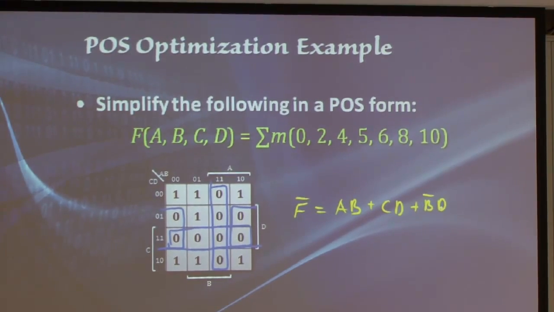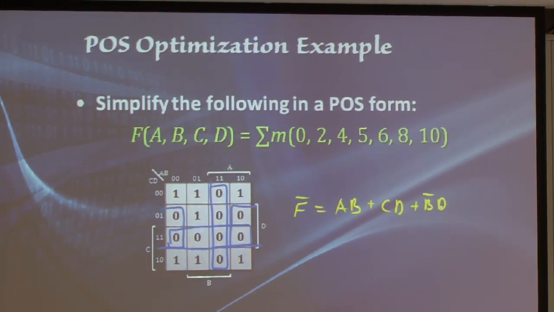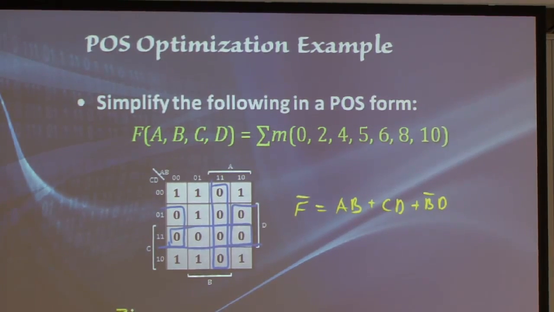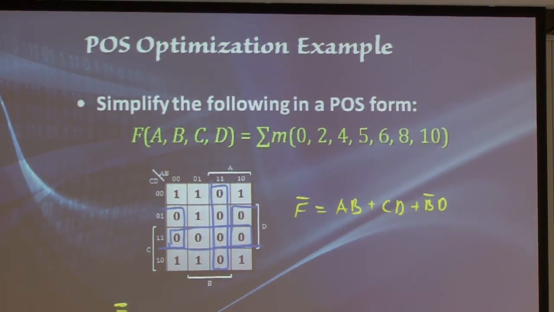Now in order to get the product of sums for f, I'll take this f complement and I will complement it again. So I put 2 bars over it. So the f complement will be a b, or c d, or not b d.